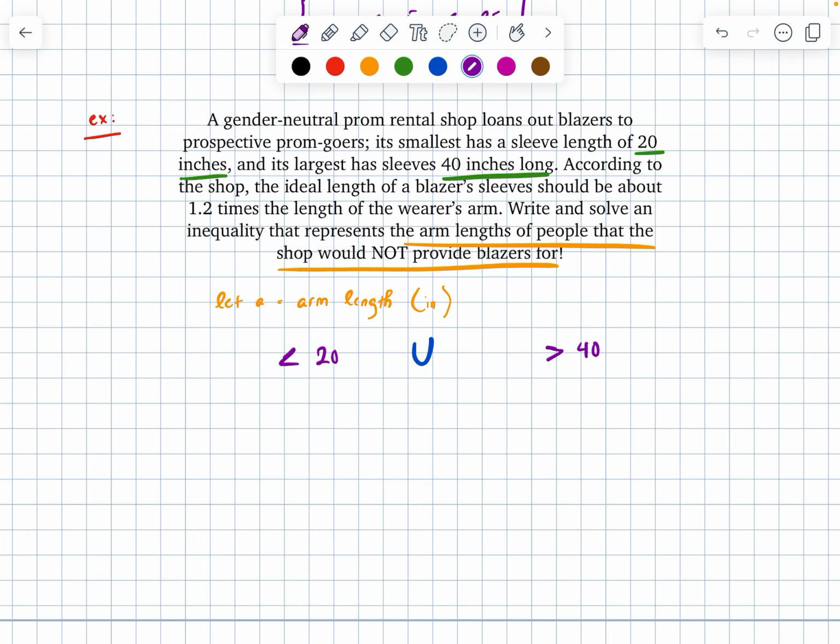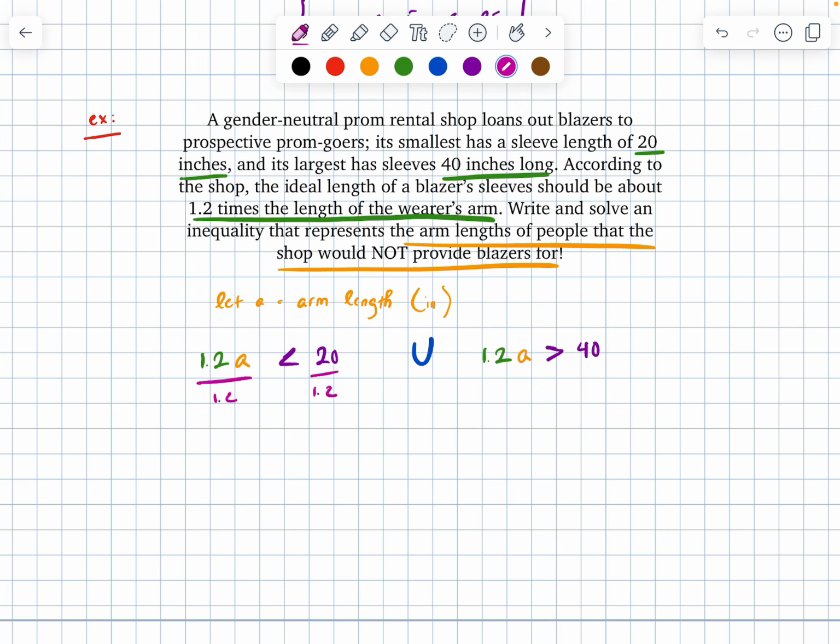So I know that my blazers are in this case going to be represented by these numbers. And I know that the ideal is 1.2 times whatever the arm length is. So I've got 1.2 times my arm length. Well, my arm length, we said, is A. So all I've got to do is take these numbers and divide by 1.2.